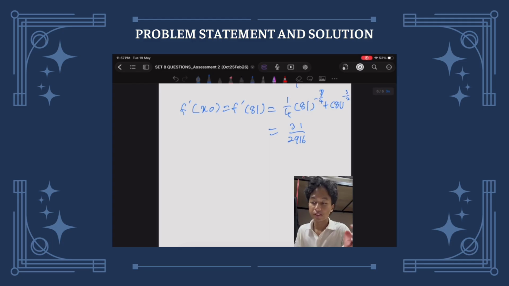So step 5 is we have to evaluate the estimation value of the function by using the linear approximation formula.